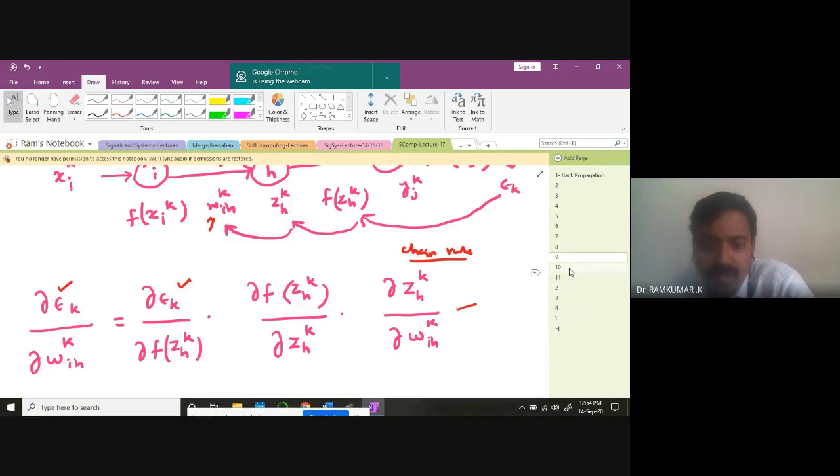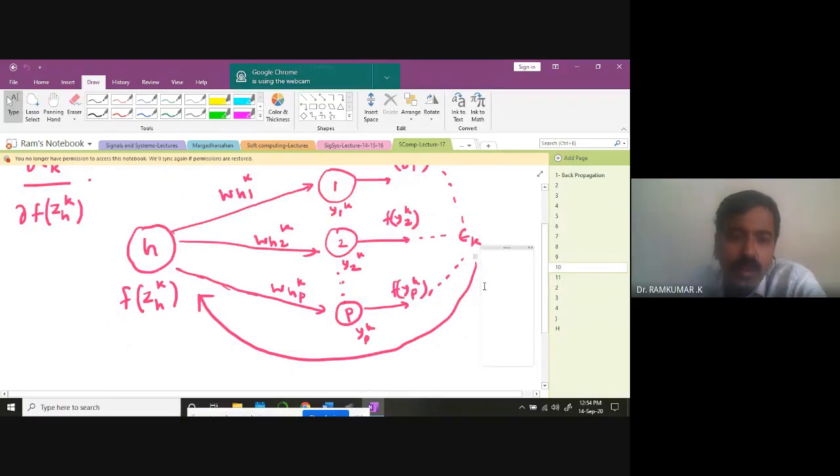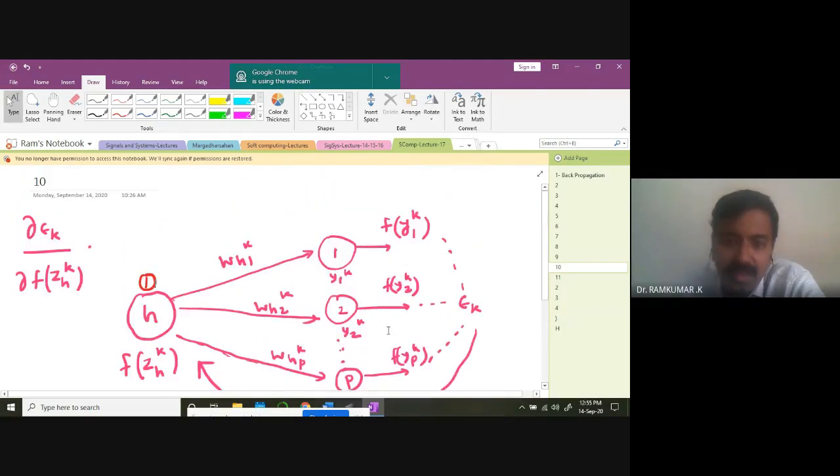Now if you look at this first term, we have already computed it, but there is one slight problem here. For any one of the hidden neurons, it is connected with all the neurons in the output layer. So there is an error associated with each one of the output neurons: E1, E2, likewise EP.